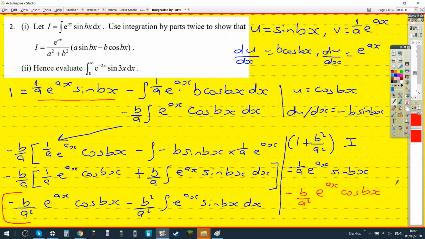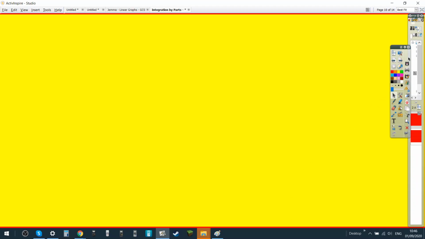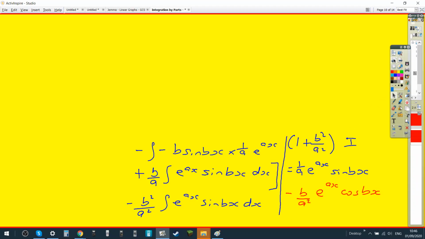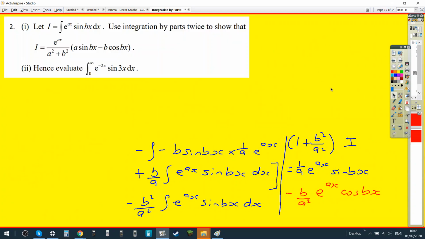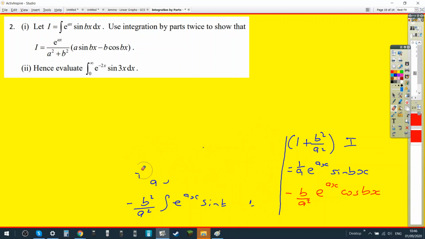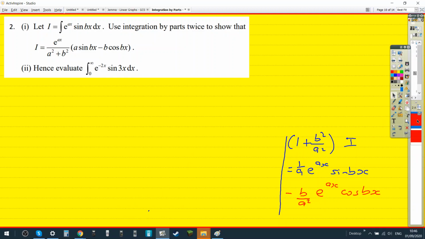So then, what would we do next? Factorize out e to the ax. I'm not sure what else you could really factorize out there. Yeah, let me just go back. I just want that bit on the right. So factorize out e to the ax.